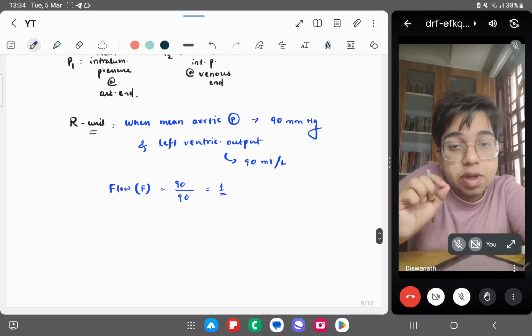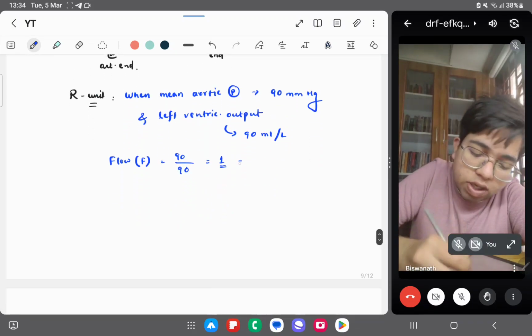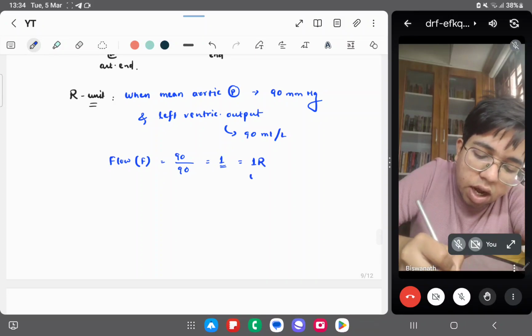And this flow in this case is known as 1 R unit.